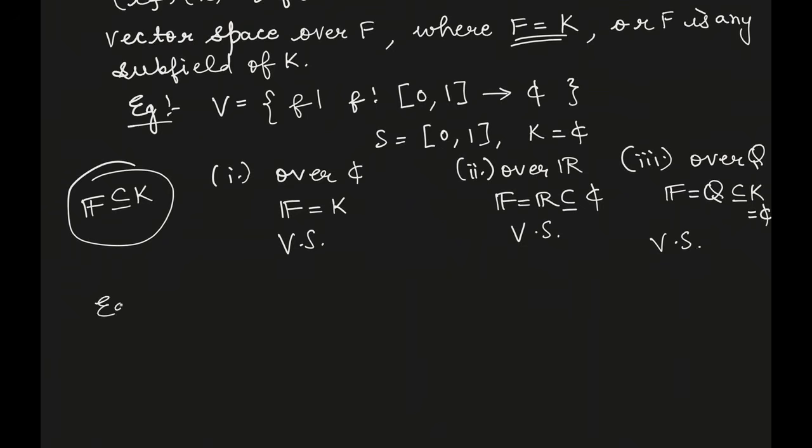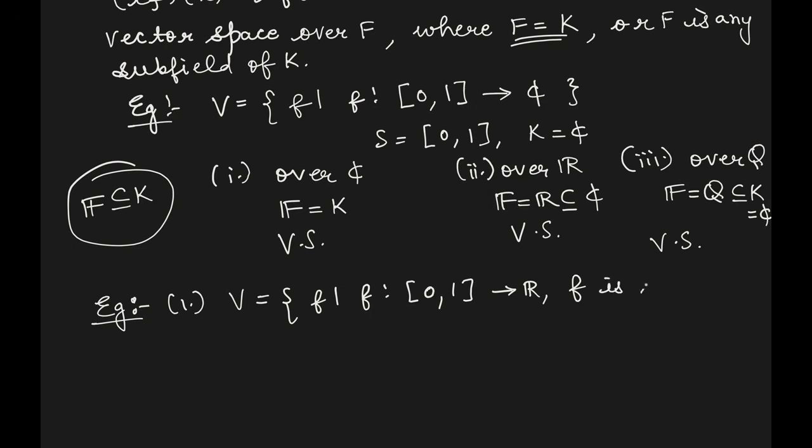Now some examples. If I take V is equal to F such that F is a mapping from 0, 1 to real numbers, F is continuous over a field real number. Now tell me whether this is a vector space or not.